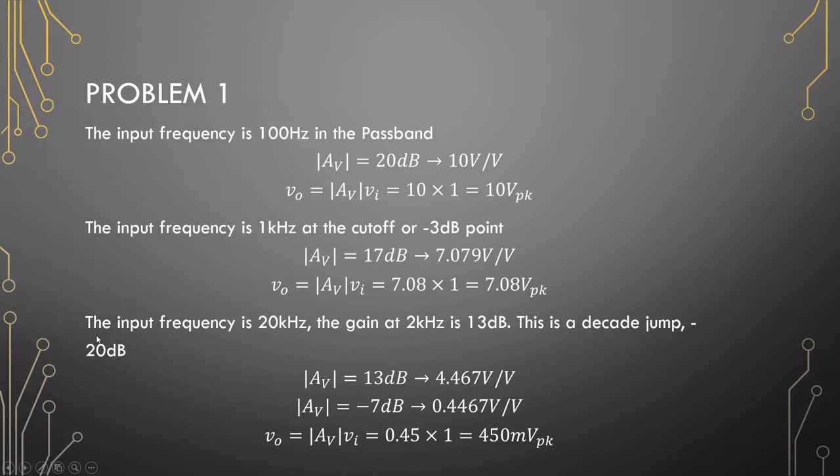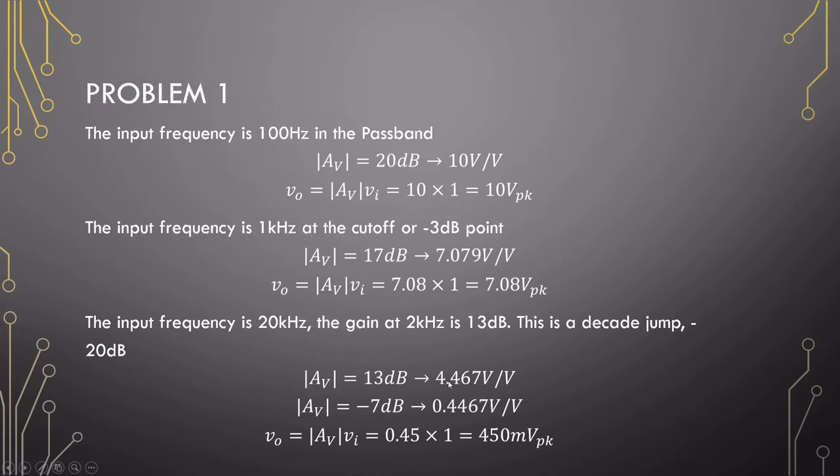Okay, so the last one over 3 is if the input frequency is 20 kilohertz, and we know that the gain is 13 decibels at 2 kilohertz, what is the output? So from 2 kilohertz to 20 kilohertz, that is a minus 20 decibel jump. Okay, so if 13 decibels is the gain at 2 kilohertz, minus 7 decibels will be the gain at 20 kilohertz.